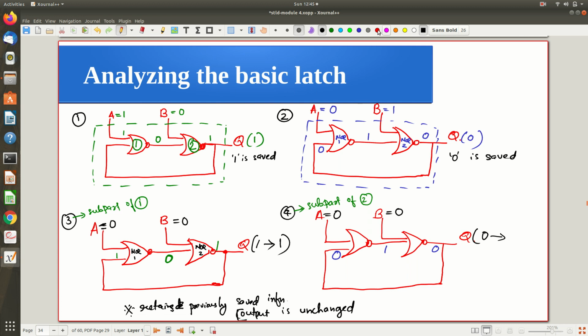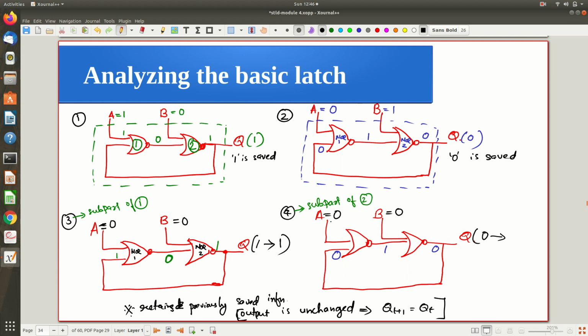Unchanged means the output at time t plus 1 at any instant is nothing but the output at t. There is no change for the output, it simply retains the output. This understanding is very, very important for us. The output at time t plus 1 is nothing but the output at time t. So this unchanged situation is what I am achieving.